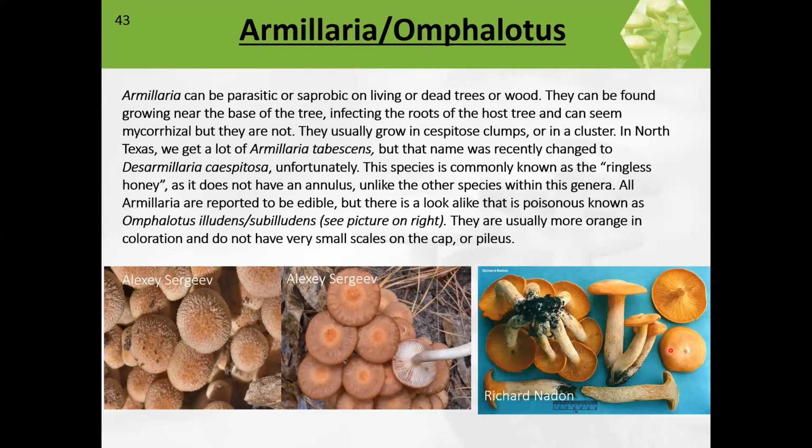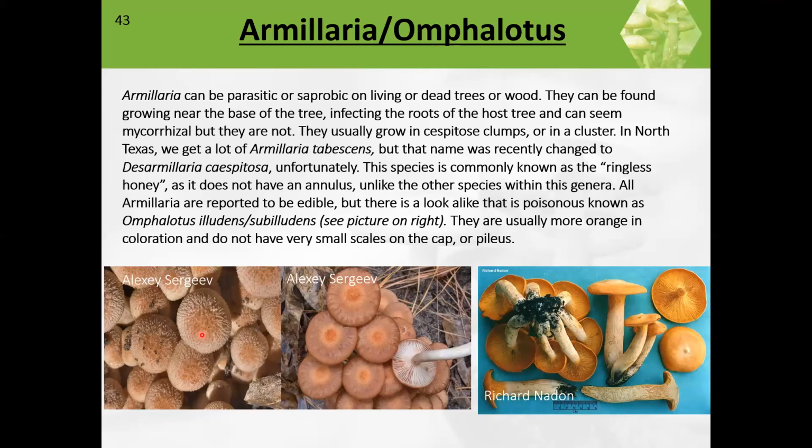And this one's called a jack-o'-lantern for its characteristic of having a bioluminescent nature, right? So at night, it glows in the dark, which is really cool. One of the only ones that we have here in North Texas that is bioluminescent. So the honey mushrooms is everything in Armillaria, right? So everything in Armillaria can be eaten.